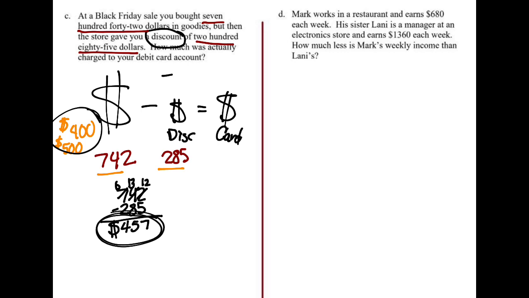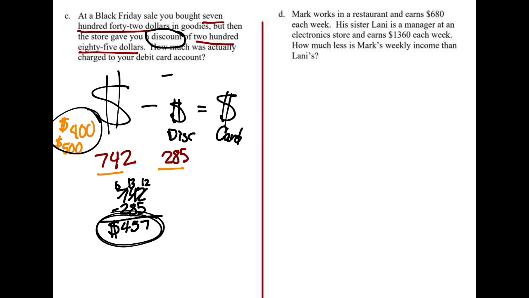Okay, next one. Mark works in a restaurant and earns $680 each week. His sister Lanny is a manager at an electronics store and earns $1,360 each week. How much less is Mark's weekly income than Lanny's? Okay, so how much less is it?